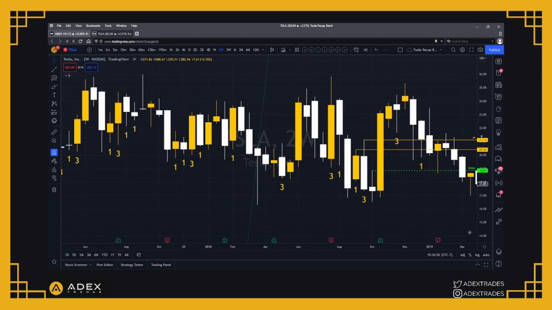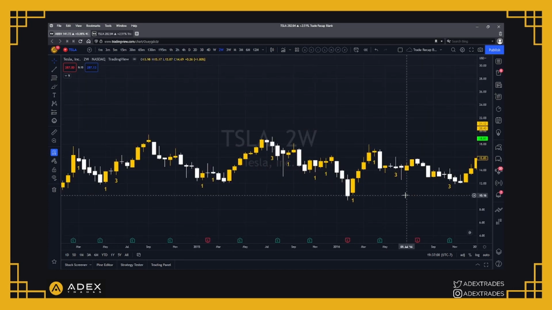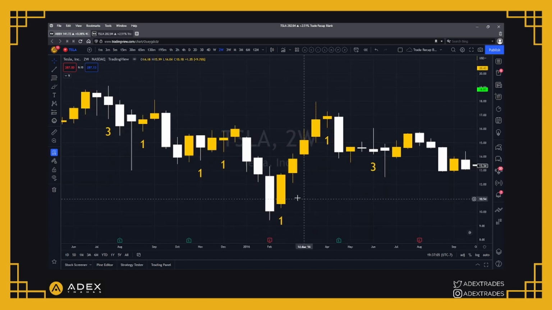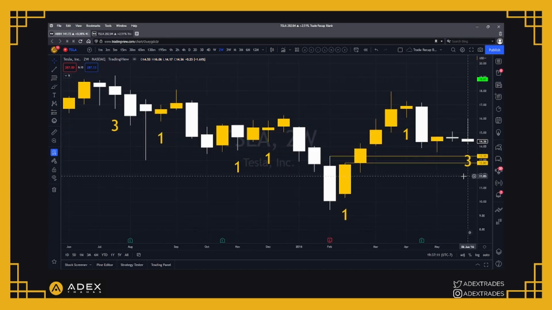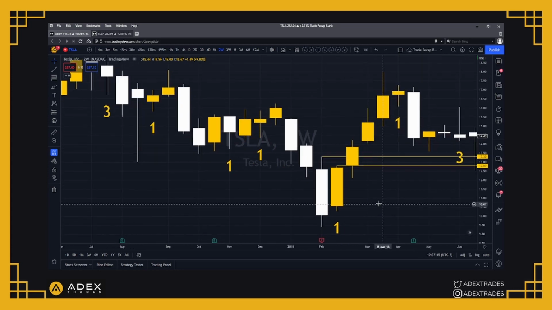Right now I'm just looking at these charts and showing you an example of Tesla on the 2 week. You have an inside bar breakout. You take price at this inside bar and you take it to the top of the 2, right? But then you see that price wants to continue going up. So where are your other price targets?